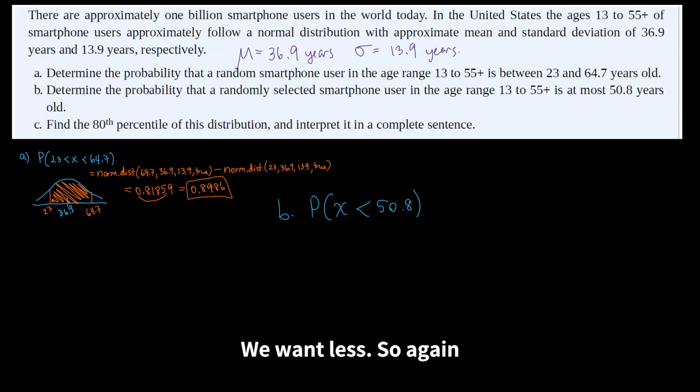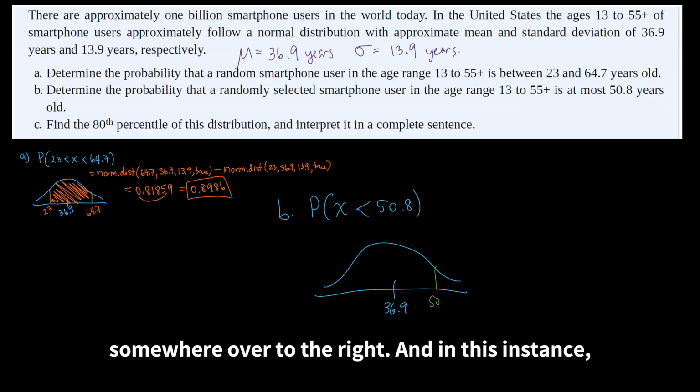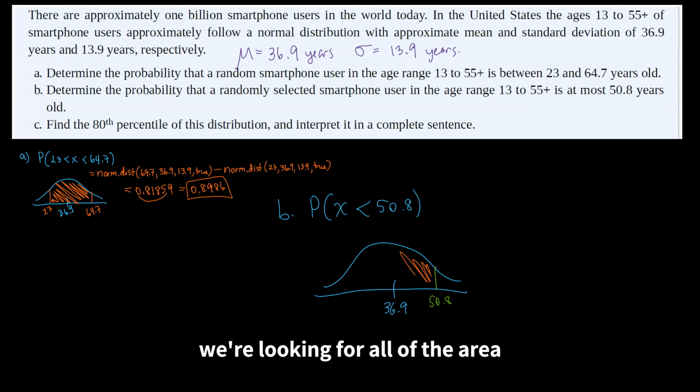We want less. So again, another graph. 36.9 for our mean, somewhere in the middle. And 50.8 somewhere over to the right. And in this instance, we're looking for all of the area to the left of 50.8.